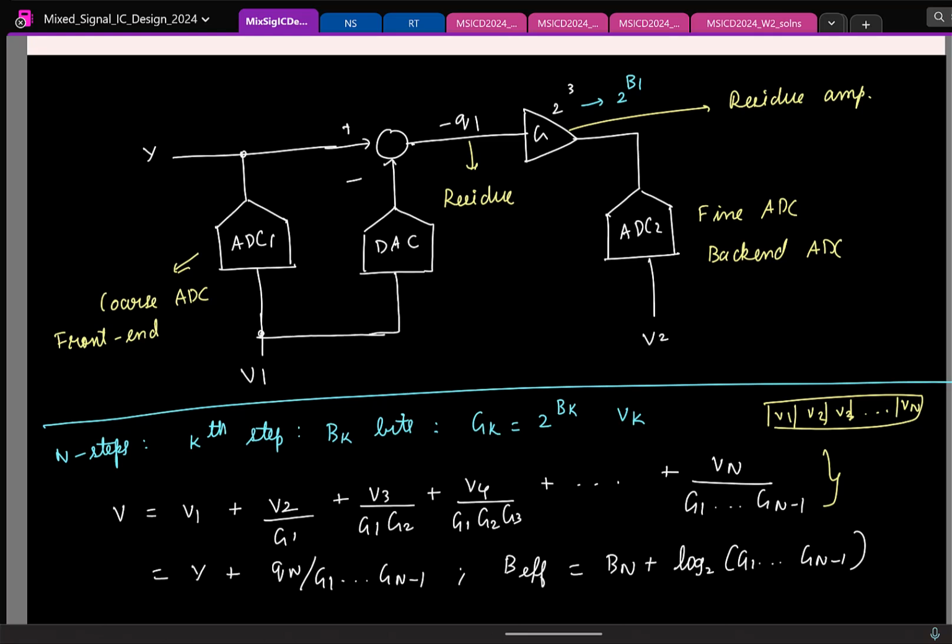You only end up with the quantization noise of the last stage, and that gets divided by the entire gain you have from the start to the end. Again, the effective resolution is the resolution of the last ADC plus log to the base 2 of the total gain. And once again, if you choose the maximum gain in each stage, even this final addition becomes a simple concatenation, where you take each ADC output, concatenate, and give it as the final output.